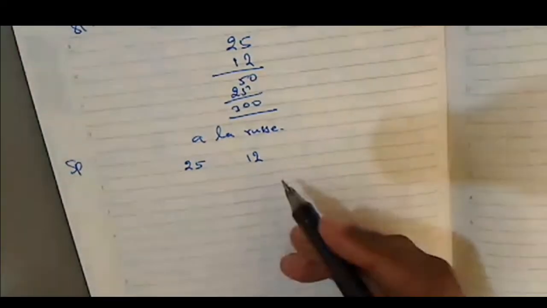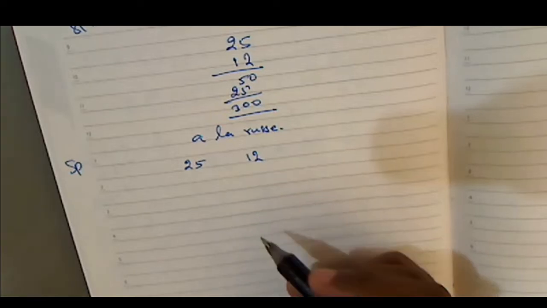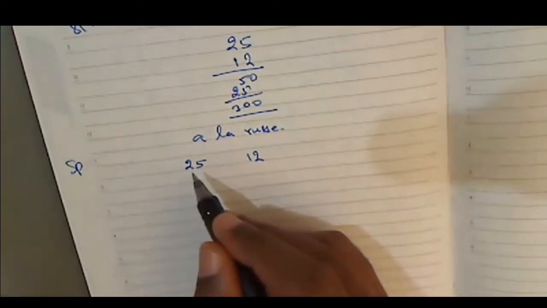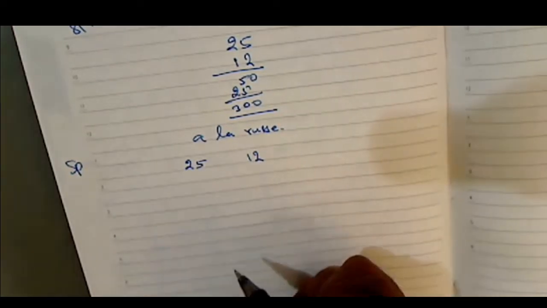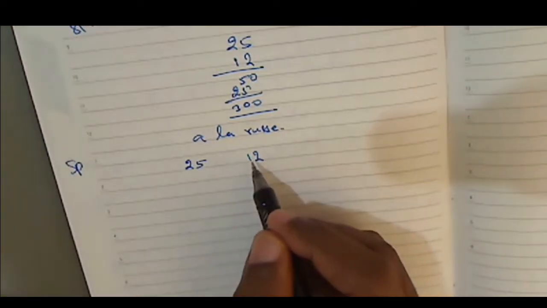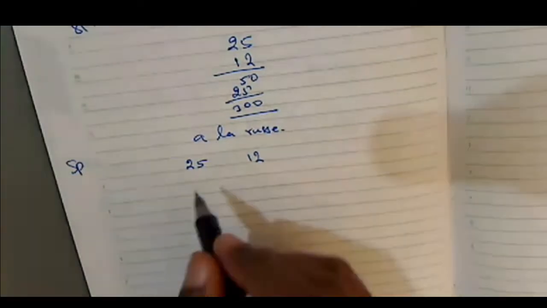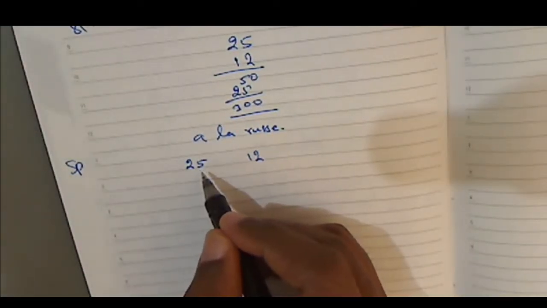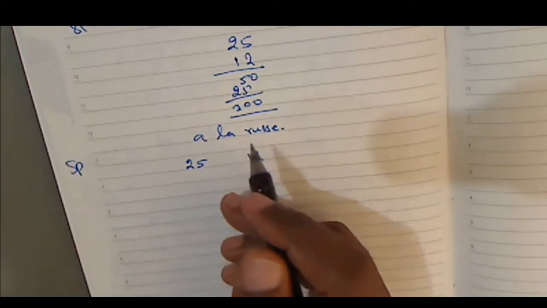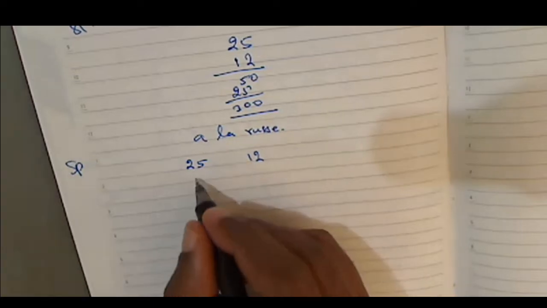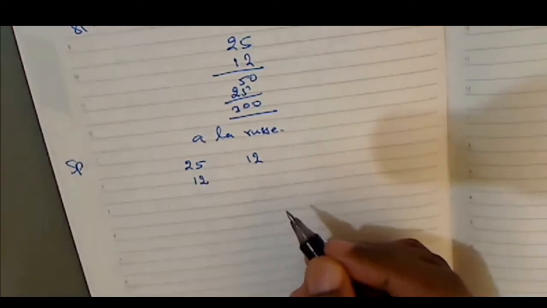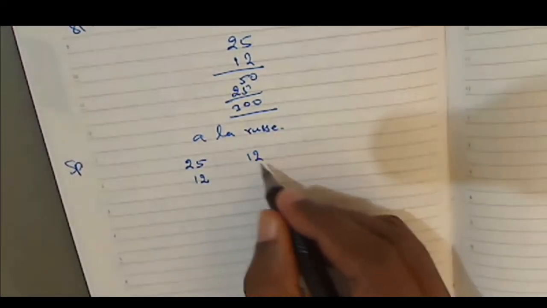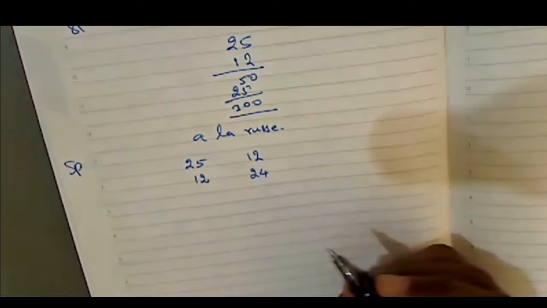Here in this method, the larger number will be divided by 2 each time, and the smaller number will be multiplied by 2 in every iteration. So 25 divided by 2 is 12.5, but the 0.5 we won't take, we take only the integral part. So we get 12 here, and here if you multiply by 2, you get 24.